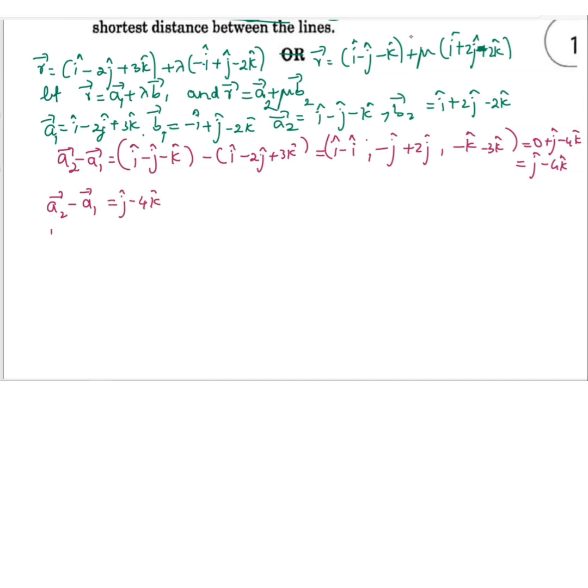Now we will find the cross product of b1 vector and b2 vector. So it is the determinant with i cap, j cap, k cap; minus 1, 1, minus 2; and 1, 2, minus 2.